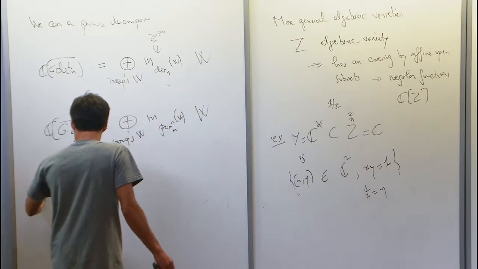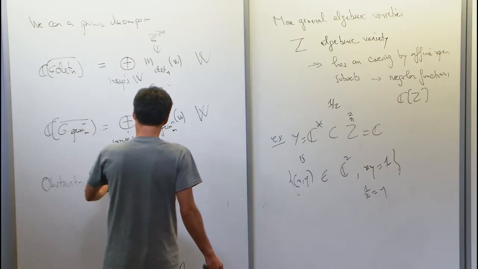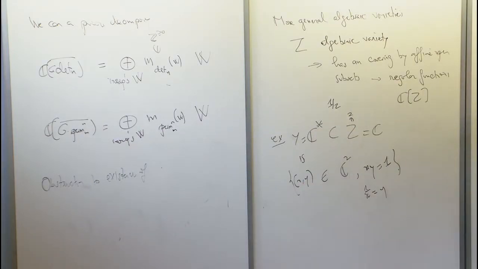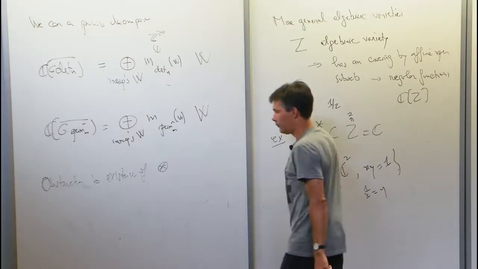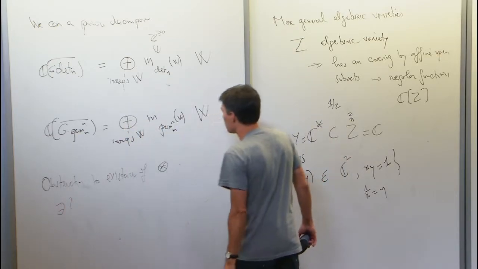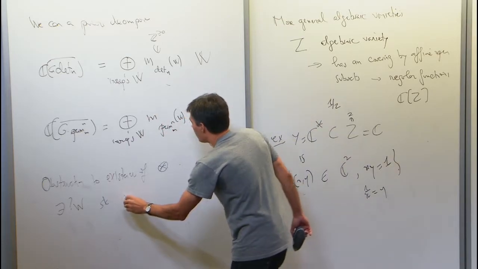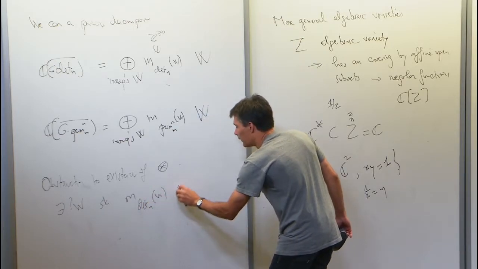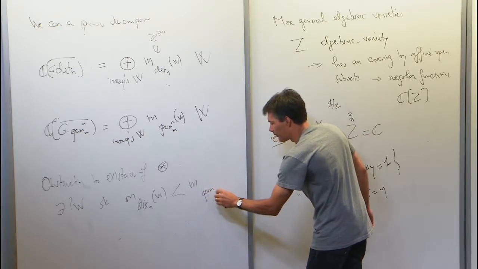Okay, so an obstruction to the existence of this map, let's call it star: can we find some irreducible representation W such that the multiplicity coming from the determinant is smaller than the multiplicity coming from the padded permanent?